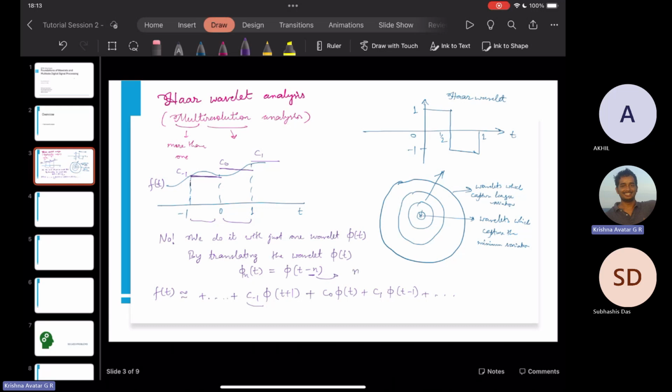So here n is an element of Z, okay? And the value of the approximation will be piecewise constant on the integer intervals from n to n plus 1. Here we use this notation to indicate that the points n and n plus 1 are not included.